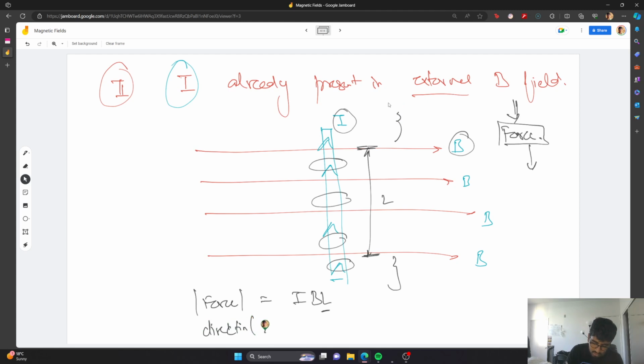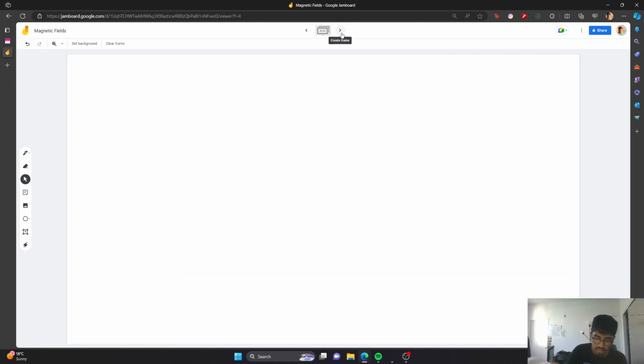So the direction of the force is given by Fleming's left hand rule, the spelling is wrong here. The idea behind the left hand rule is simple. You can refer to the textbook also for this. So your middle finger, you have to point it like this.